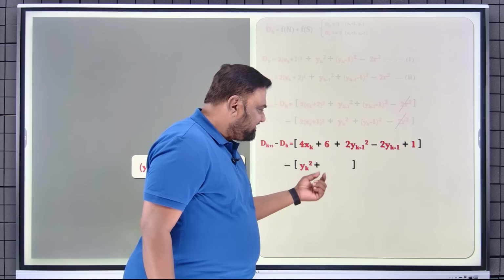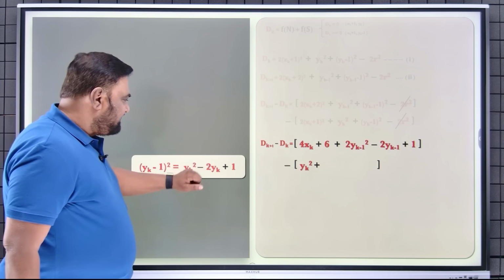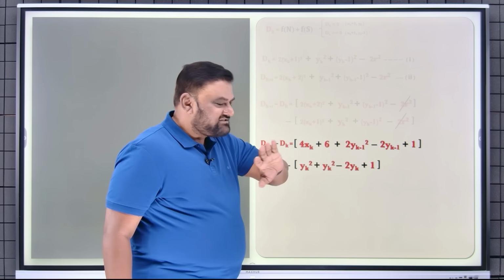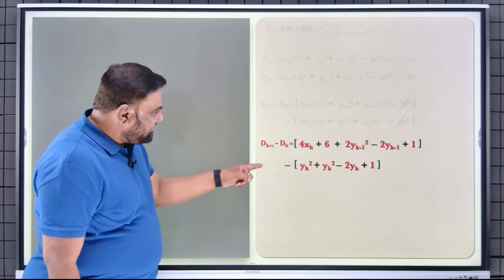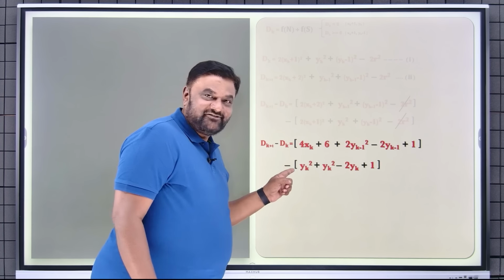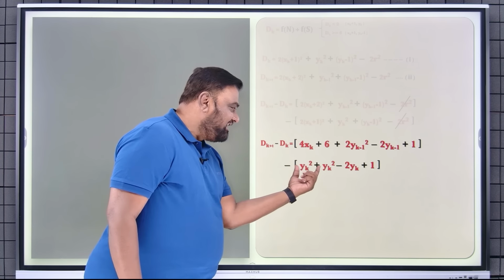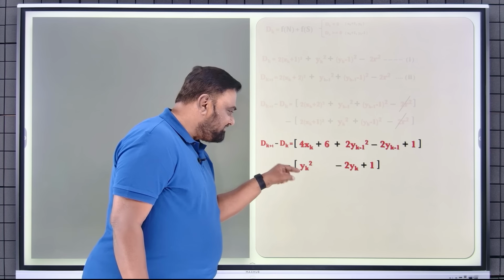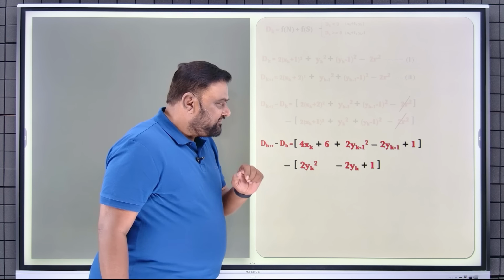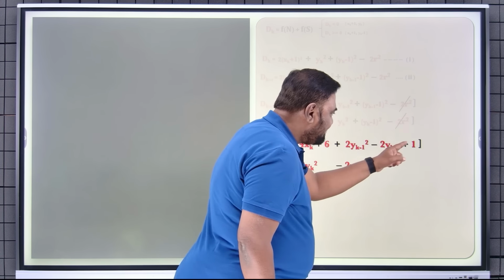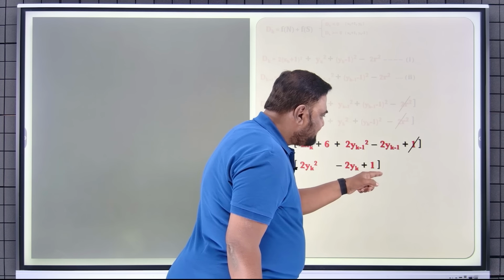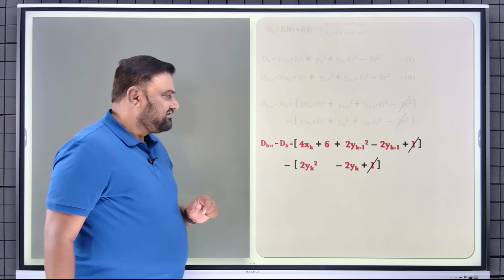So we will remove this, make a space here and substitute this here. Now again, if you observe here also we got yk square, add these two. So I'll remove this and make this as 2. Now if you observe one thing, this is 1 and this is also 1. So I'll cut off this and cut off this one.